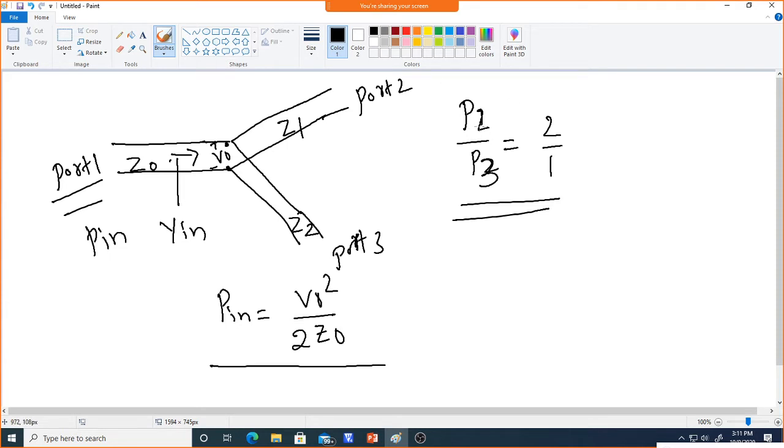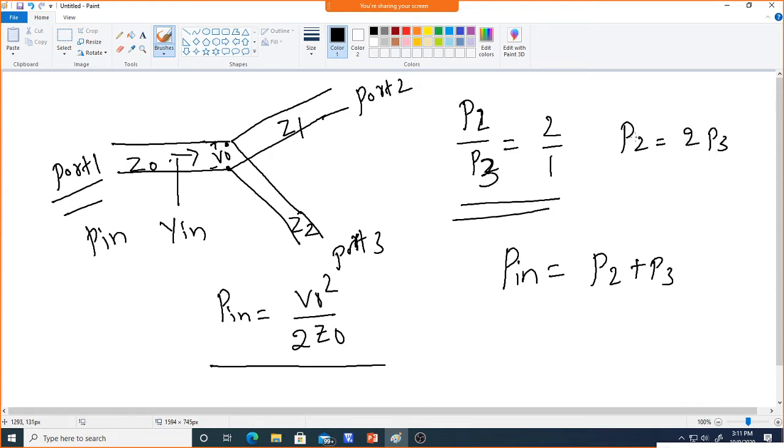Now, what will be the total power? The total power P in will be equal to P2 plus P3. If you take this ratio of power division, what do you get? P2 equal to 2 times P3.